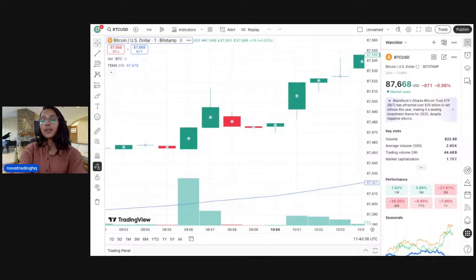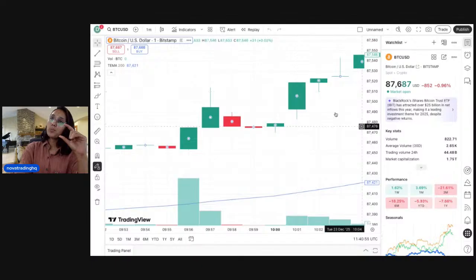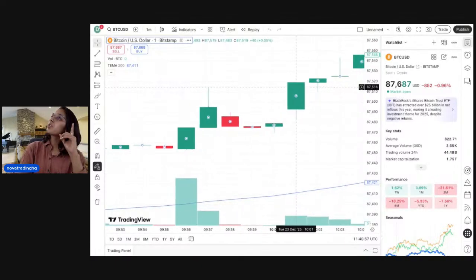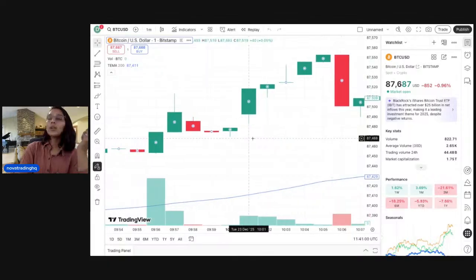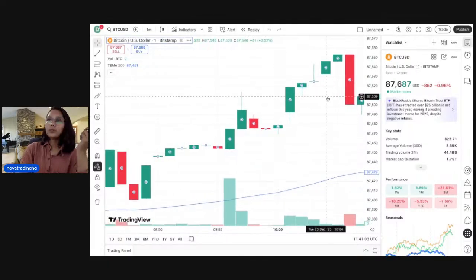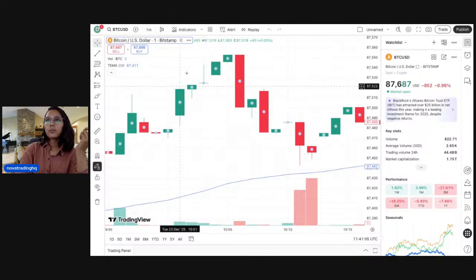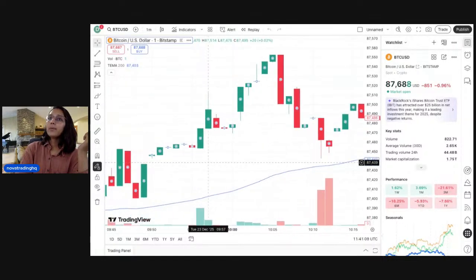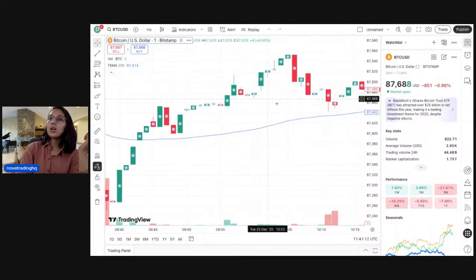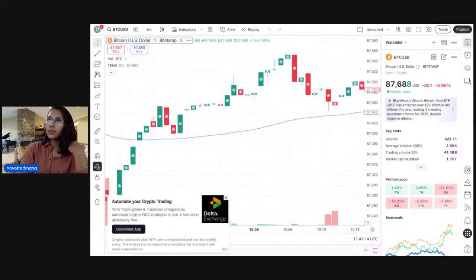Now the next candle which you can see on the screen is during the time period of 10:01. As you can see, there is a whopping large body, with no upper wick and just a lower wick.